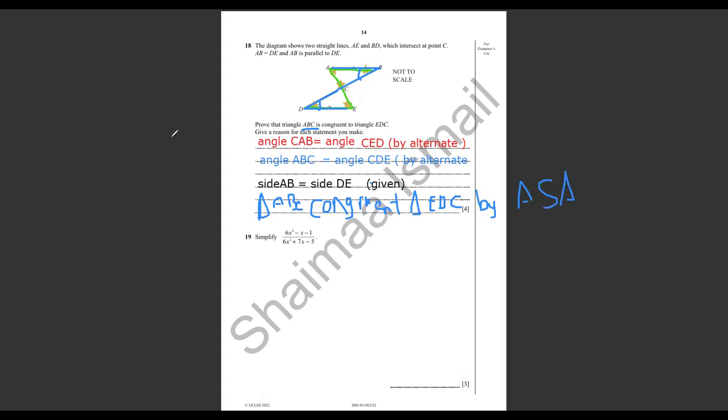And he must see this: angle, side, angle, side, side, side, whatever.